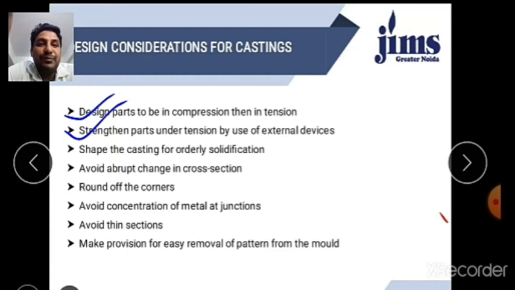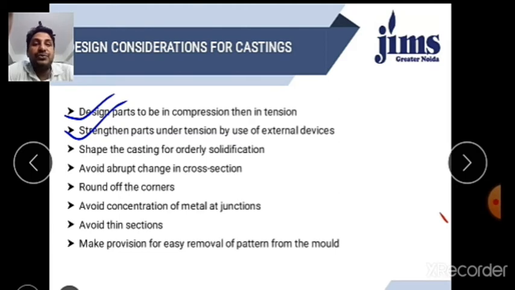The next point is shape of casting for orderly solidification. In casting, solidification is very important. If your solidification is not done properly, then your casting may have some defects that should be avoided. And if your shape is very complex, then molten metal may not flow inside that complex shape, and your part ultimately could not be solidified easily, or could not be in proper shape.